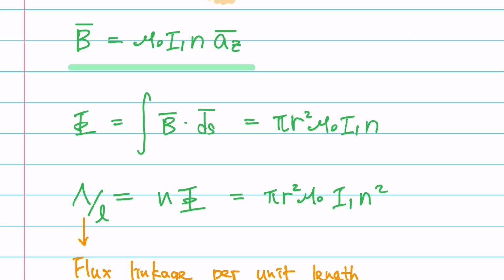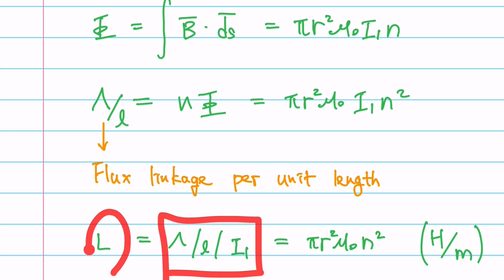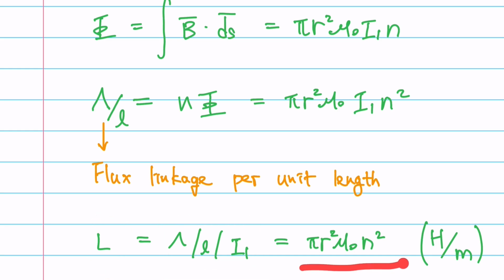And the last step is to divide the flux linkage per unit length by the current that generated the flux in order to get the inductance, because the inductance by definition is flux linkage per ampere. So you have to get rid of I1, because you need to calculate L, and that would give you the inductance per unit length.